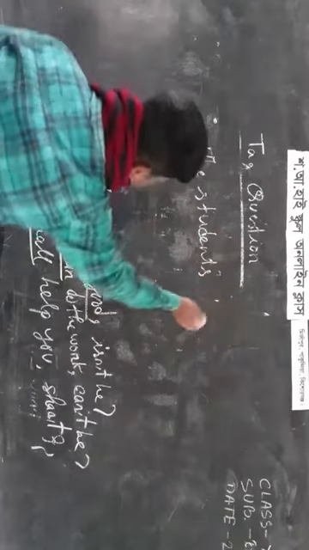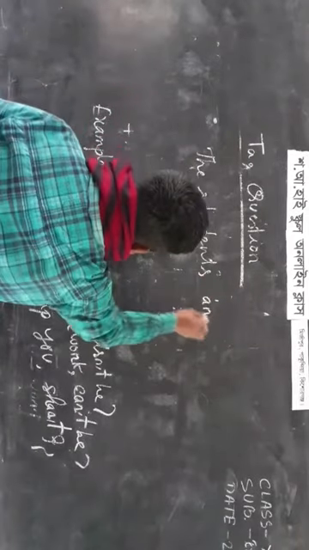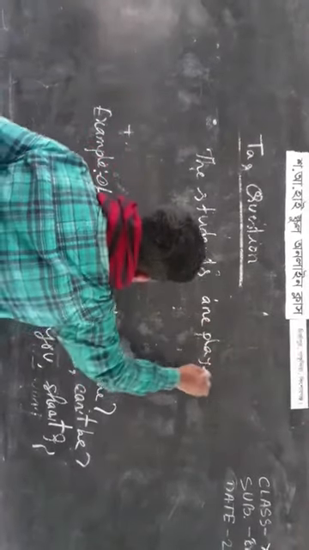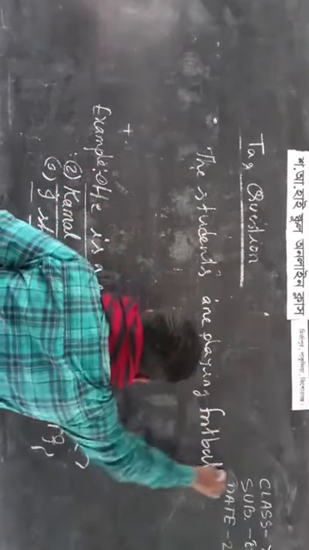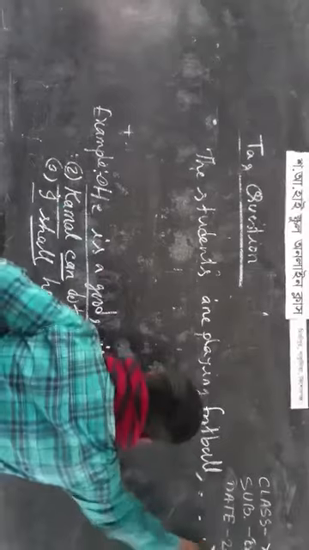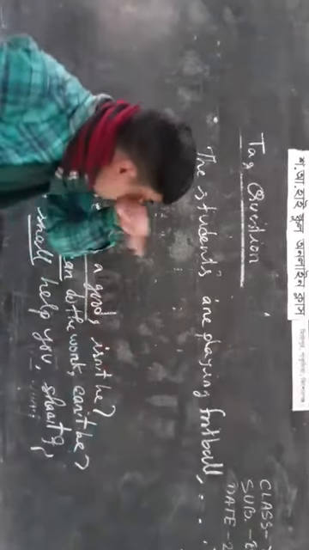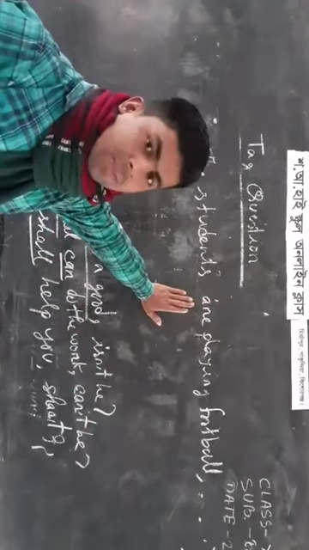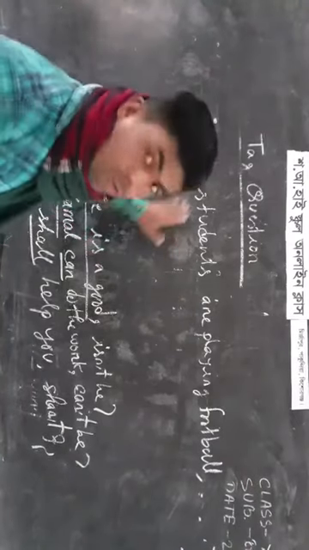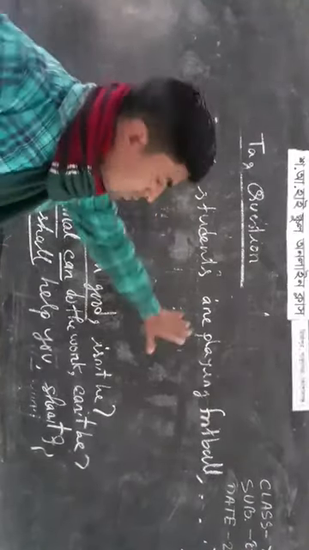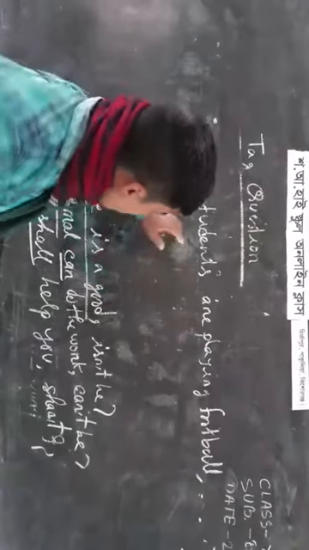The students are playing football. Here the auxiliary verb is are. As there is an auxiliary verb, according to the structure, at first you should write the sentence again, then the auxiliary verb.